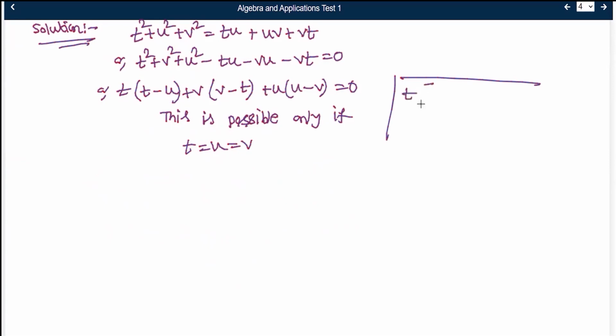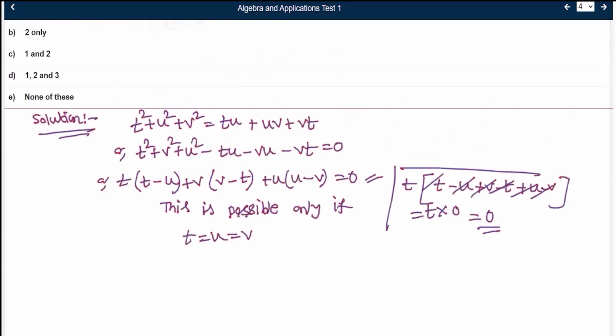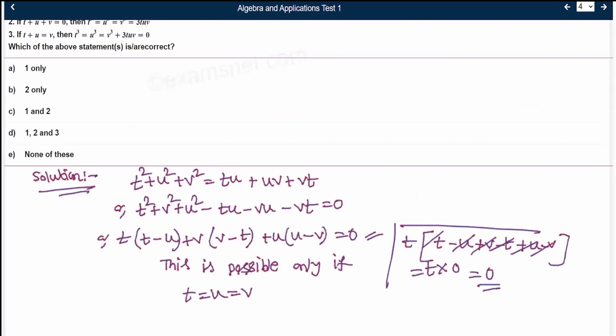So after taking common t from the three terms, it will become t multiplied by t minus u plus v minus t plus u minus v. Now look here, everything cancels, so t multiplied by 0 equals 0. So it only holds true if t equals u equals v. That means statement 1 is true.